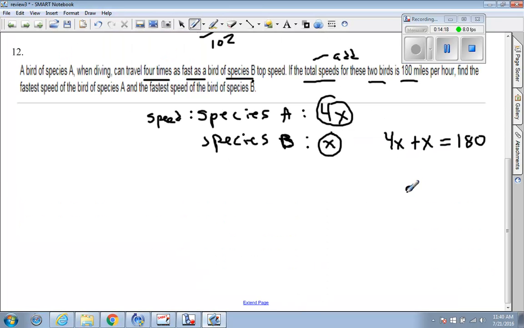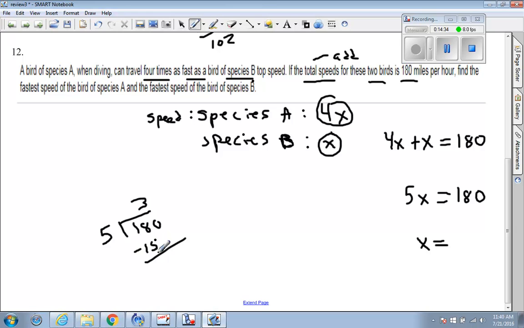Keep solving. So that's 5x equals 180. So that's x equals whatever 180 divided by 5 is. And we can kind of go off on the margin and do that. Which is 36. So x is 36, but the thing is, what is that?